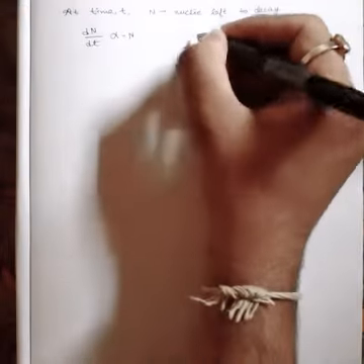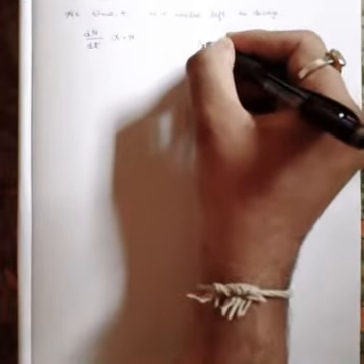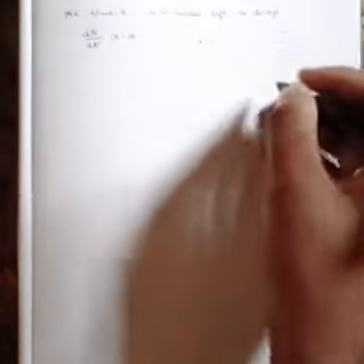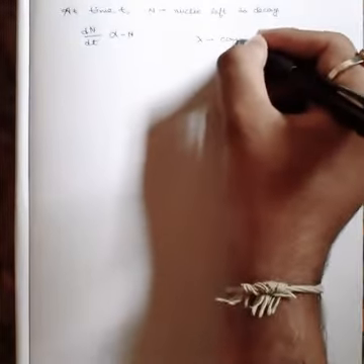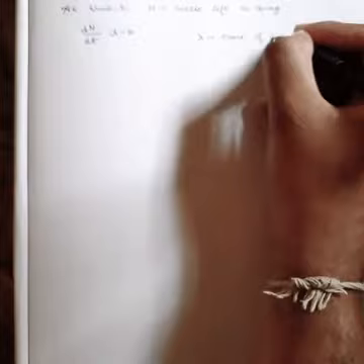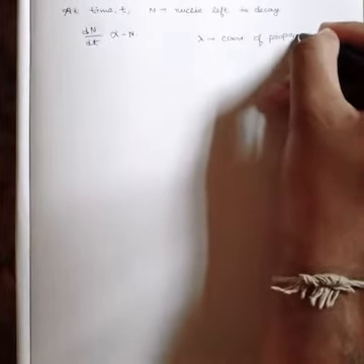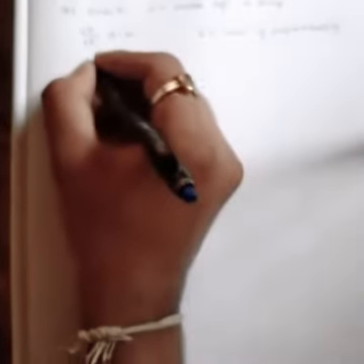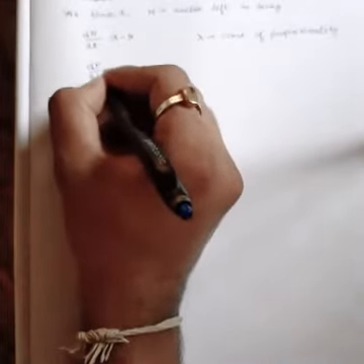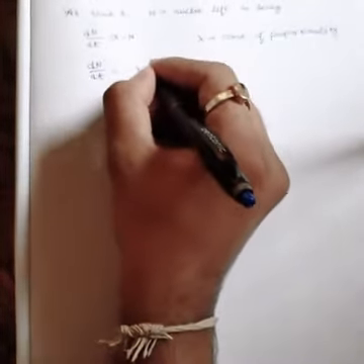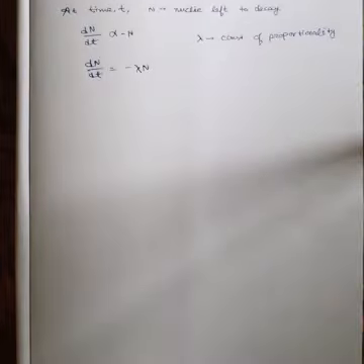So we take lambda as the constant of proportionality. So dN/dt equals minus lambda N.